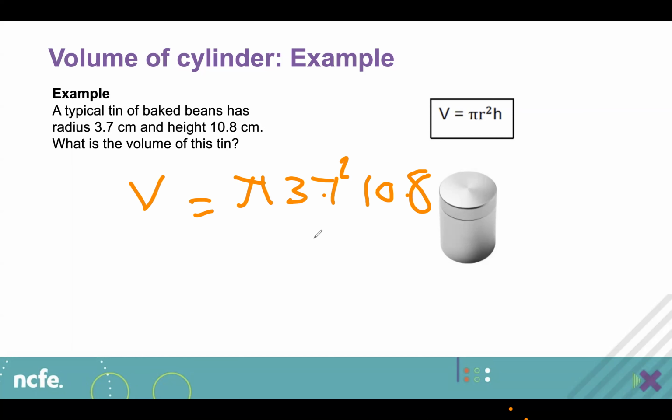So this equals pi times 3.7 squared, which equals 13.69, times 10.8.